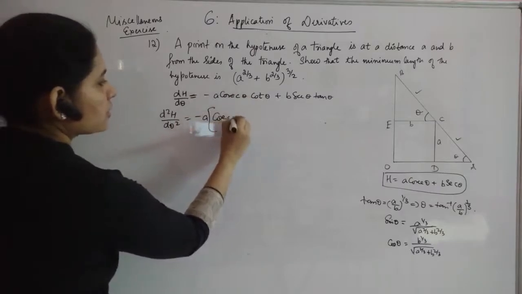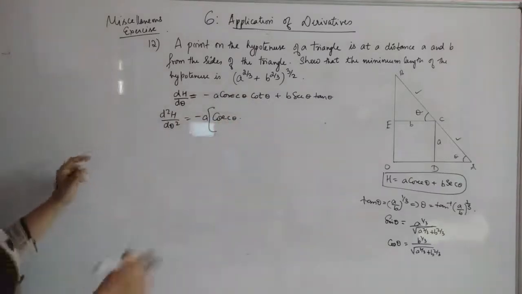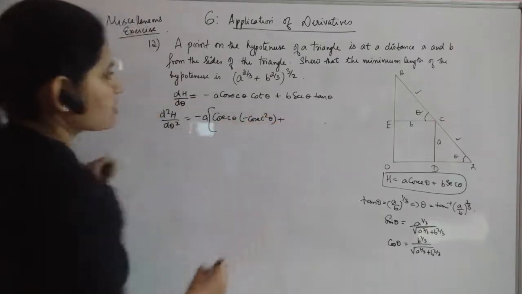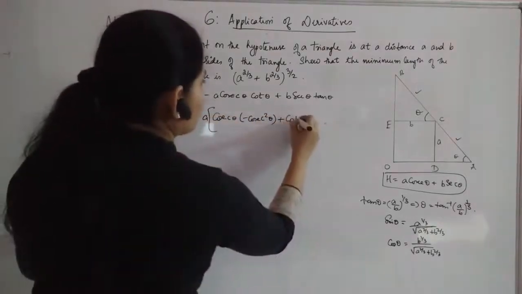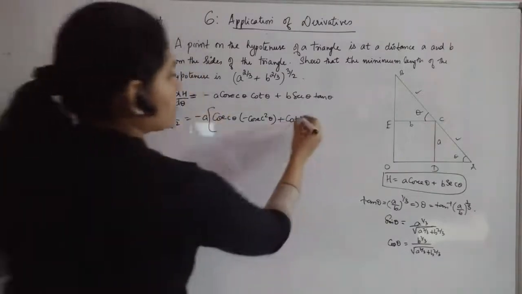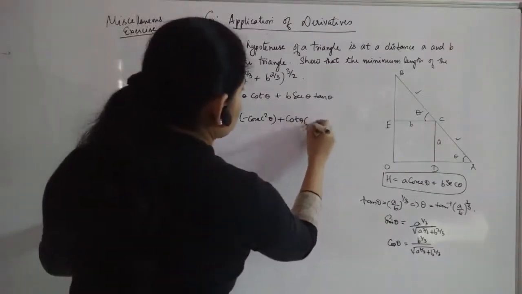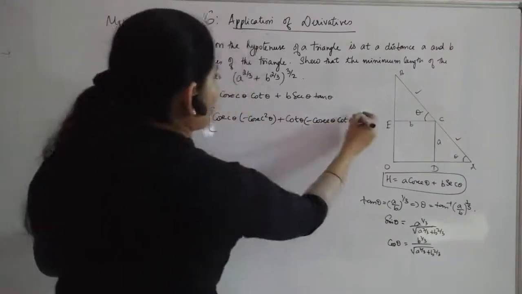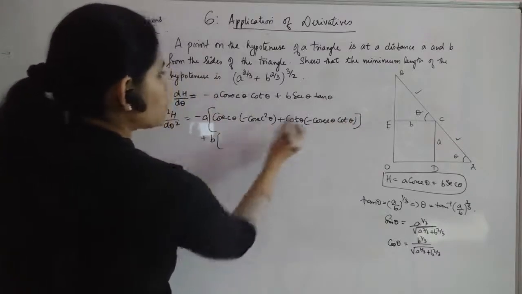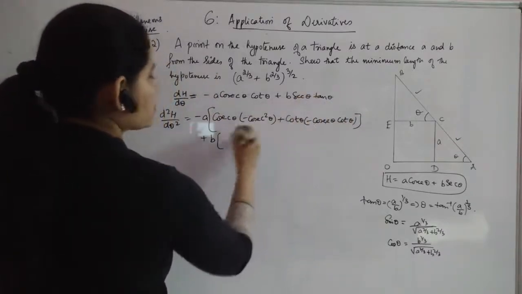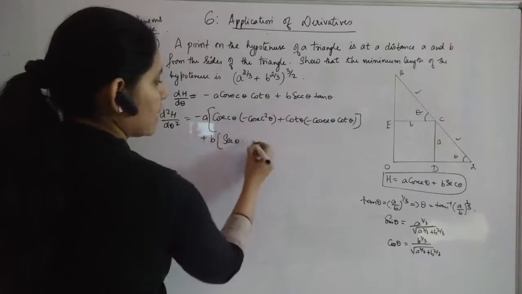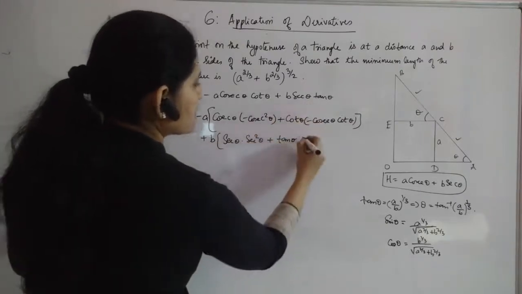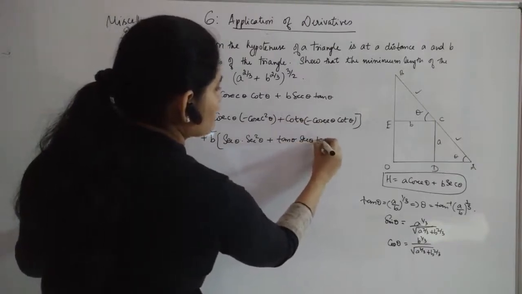Cosec theta into derivative of cot theta, which is minus cosec square theta, plus, again cot theta as constant, taking the derivative of cosec theta, which is cot theta into minus cosec theta cot theta, plus b into, again you have a product of 2, so sec theta into derivative of tan theta, sec square theta, plus tan theta into derivative of sec theta, sec theta tan theta.